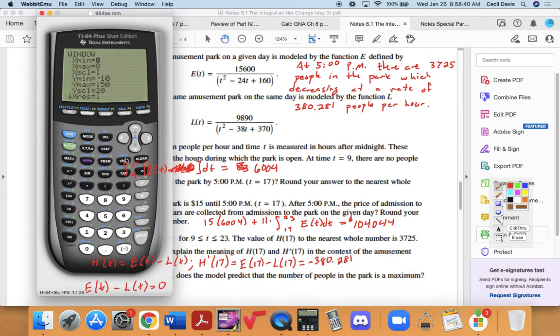For my window, I'm only concerned from the time between 9 and 23, so I'll count those by 1. And I'm only concerned about when that's equal to 0, so I'll do negative 10 to 10.